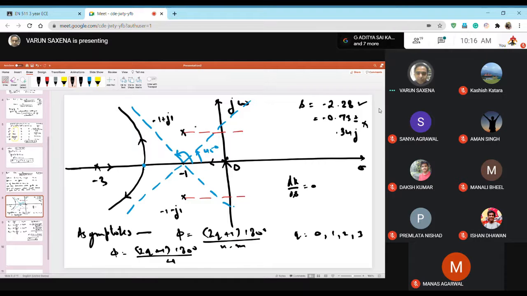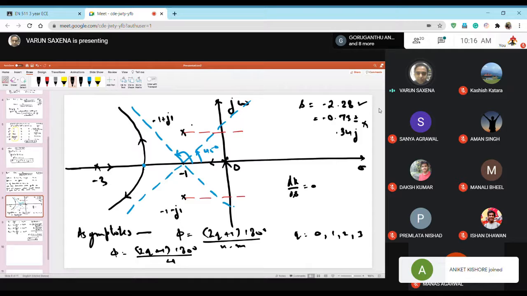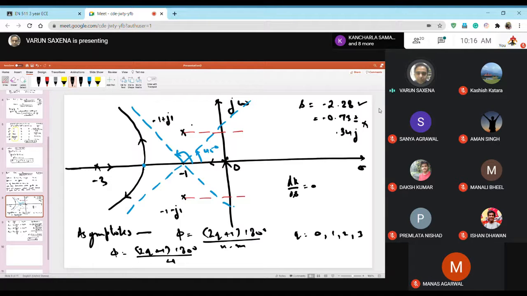I'm not very certain about the internet connectivity at my place, so I'm just going to give you those things and you calculate it yourself. Actually, this will go like this, and this is going to go like this. These values you have already evaluated. This point is j1.1.